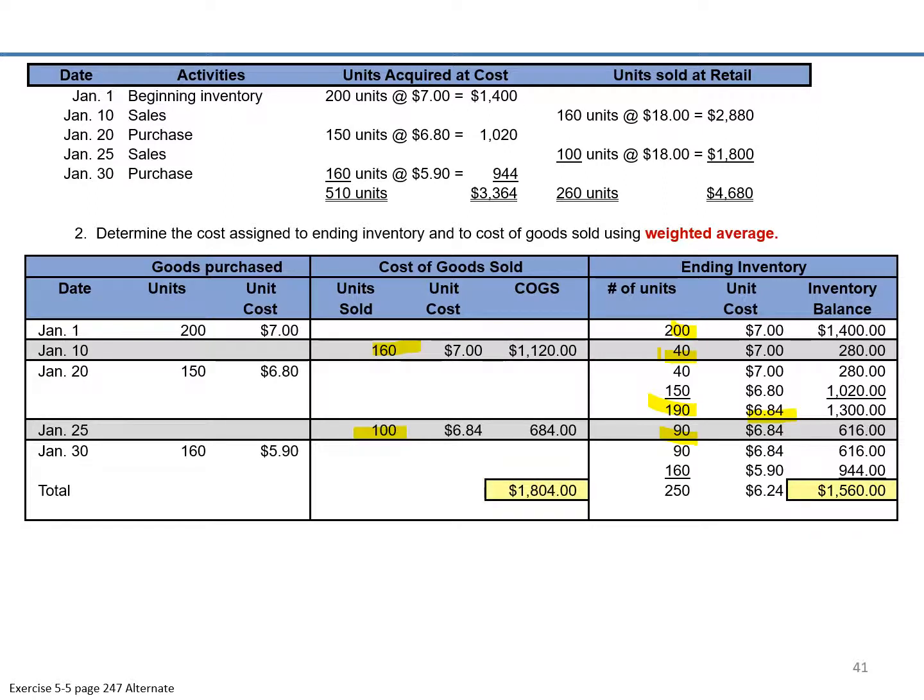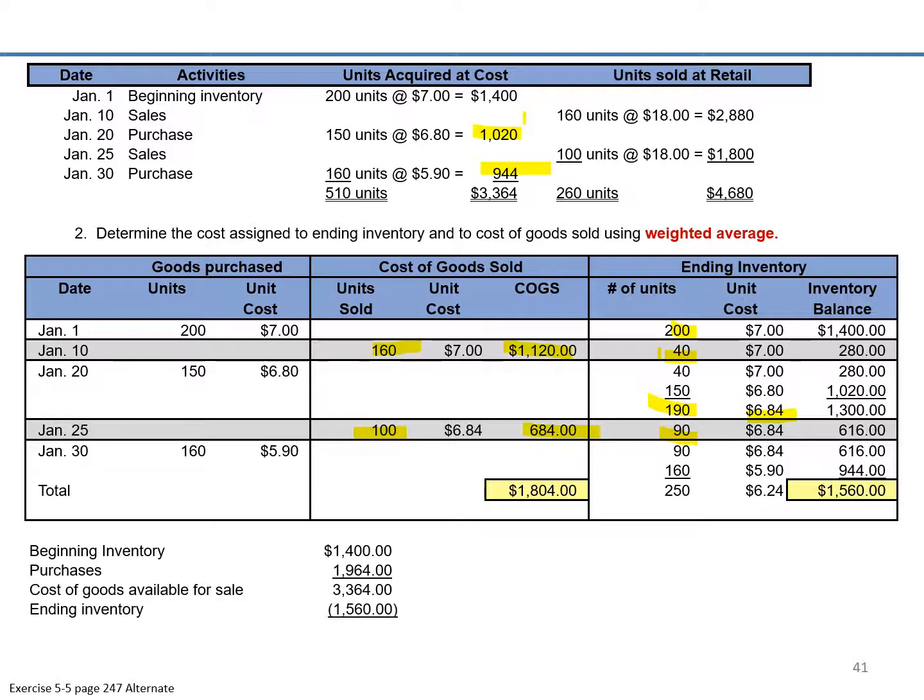Our total cost of goods sold is $1,120 plus $684. So our beginning inventory of $1,400 plus our purchases of $1,964, that's $1,020 plus our $944, equals $3,364 cost available for sale, less our ending inventory of $1,560 equals cost of goods sold of $1,804.